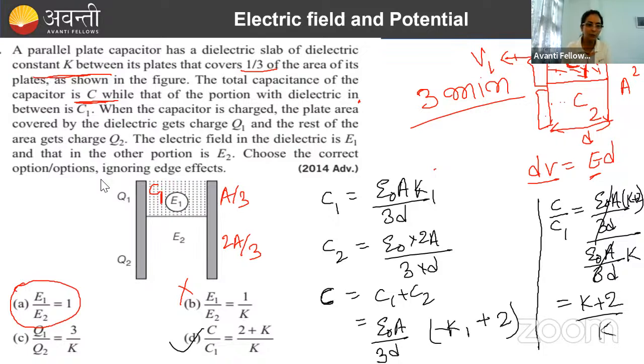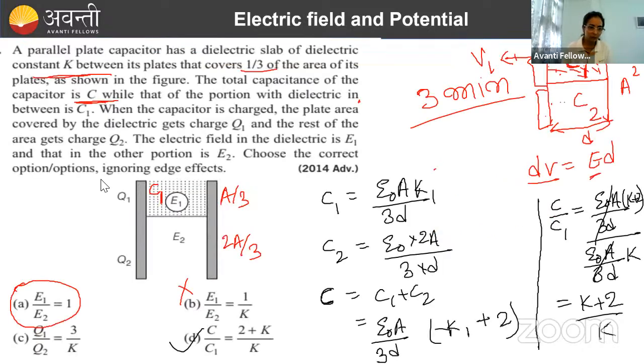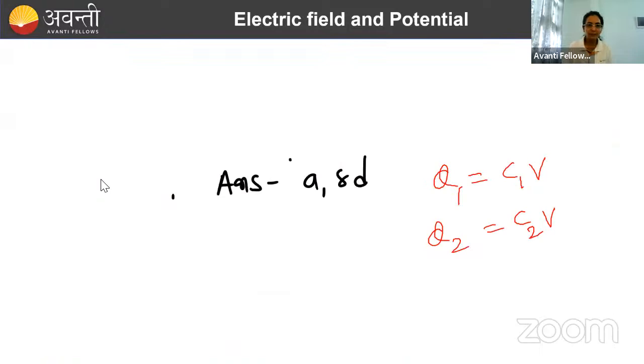Now let's check Q1 by Q2. So the value of Q1 we can write as C1V and Q2 can be written as C2V. We were asked Q1 by Q2. So Q1 by Q2 will be equal to C1 by C2. How much was C1?